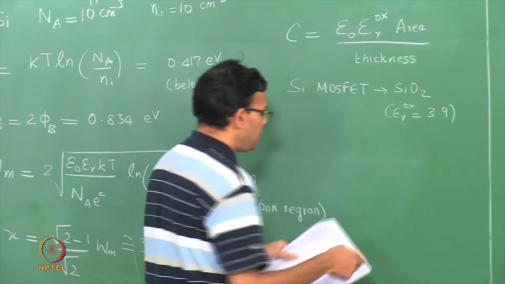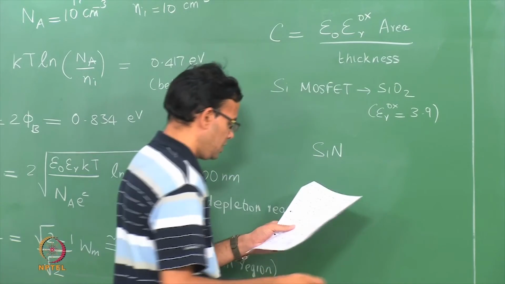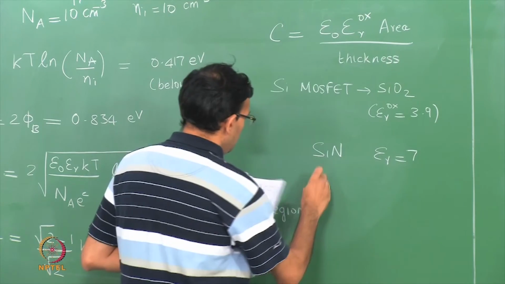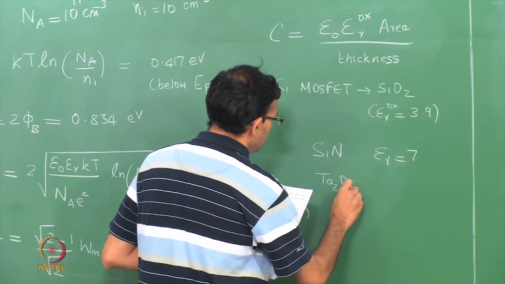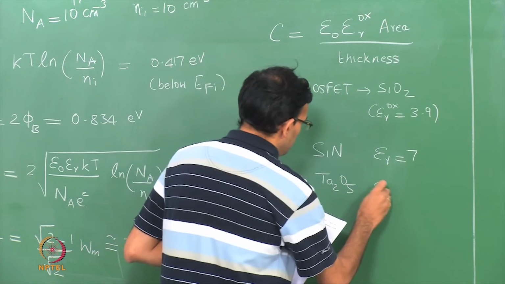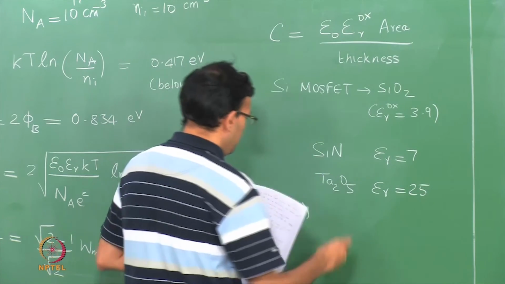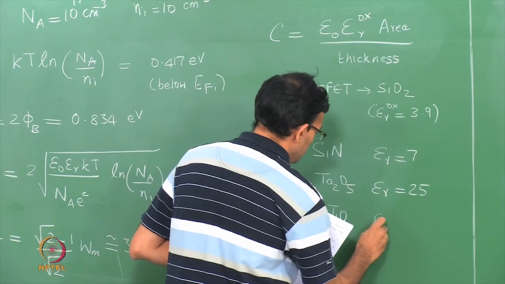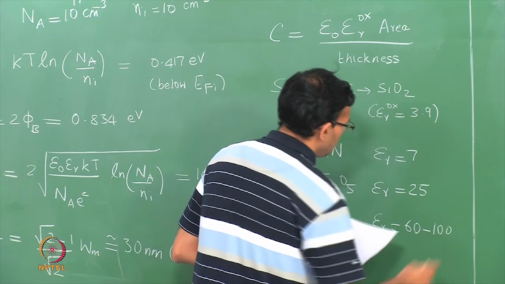So, some of the other materials that are used are silicon nitride with a relative permittivity of 7, but metal oxides are also used. So, tantalum oxide is 25, titanium dioxide is anywhere from 60 to 100.